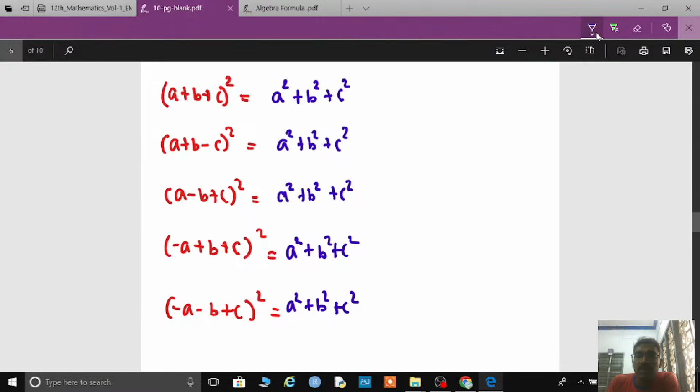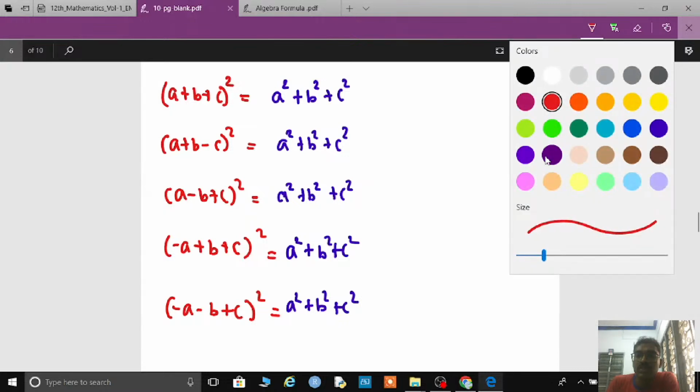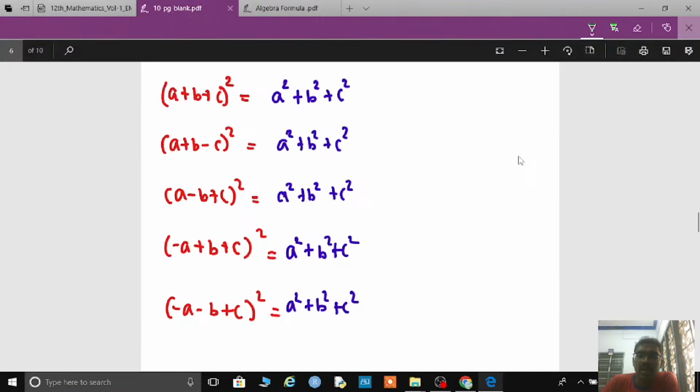We can commonly take out 2, so we can write plus 2, plus 2, plus 2, plus 2, plus 2 in all the formulas. Got it? That's all. Just open the bracket in all the terms.